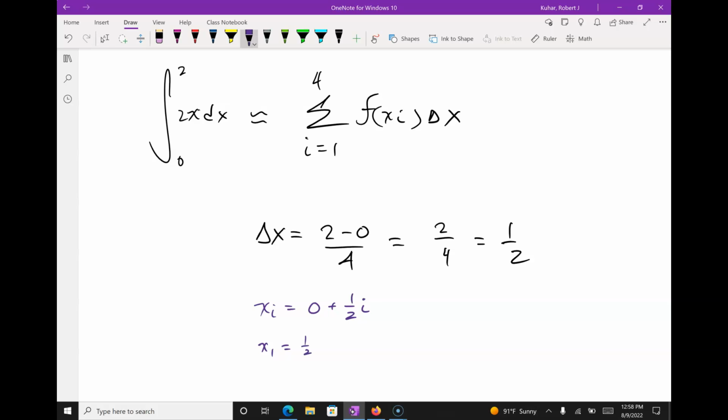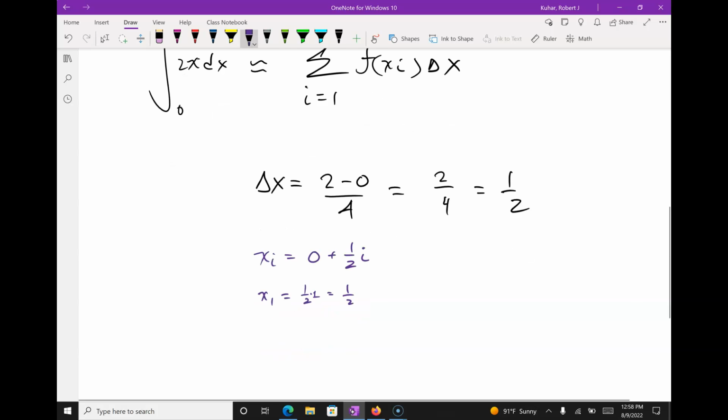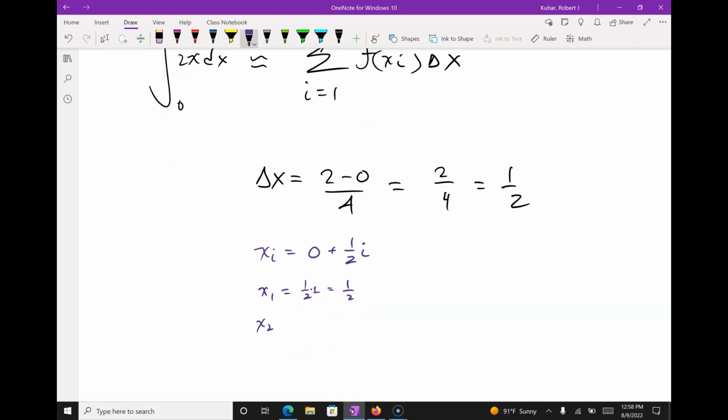Well, i is just an index, so 1/2 times 1, so 1/2. Index, counter: first rectangle, second rectangle, third rectangle, fourth rectangle. My second index is 2, so 1/2 times 2. My third is 3, so 1/2 times 3.